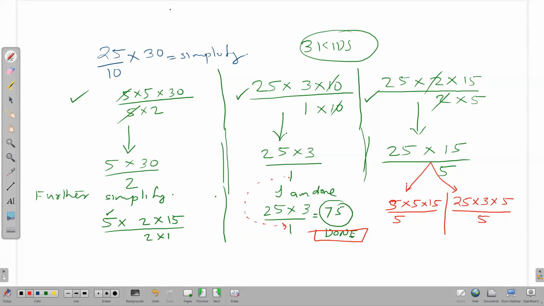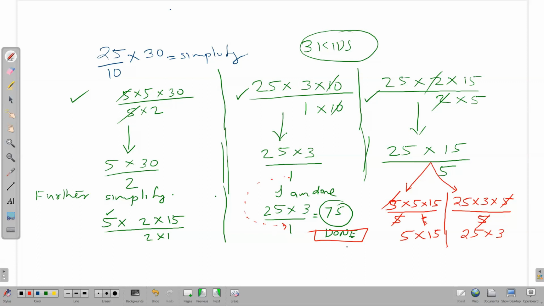Teacher said, okay, now you write your simplify. This kid says, I'm cutting this. What he gets now is 5 times 15. Then this kid cuts this and gets 25 times 3. Teacher says, come on, kids, simplify further.